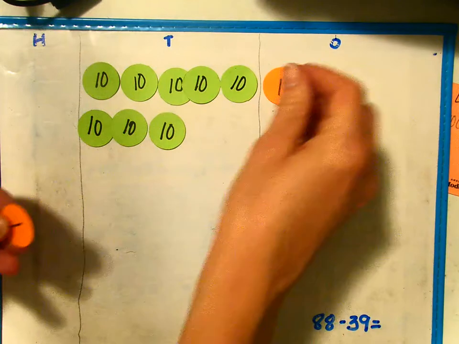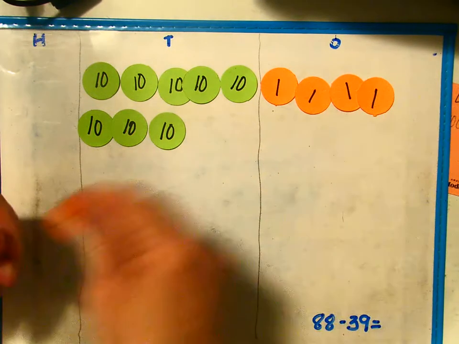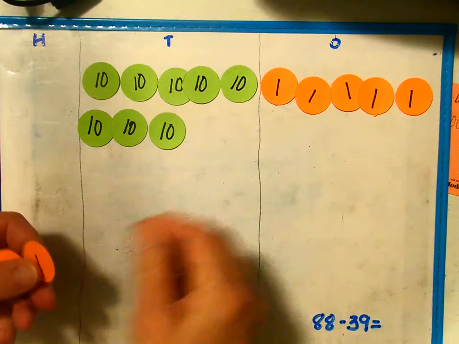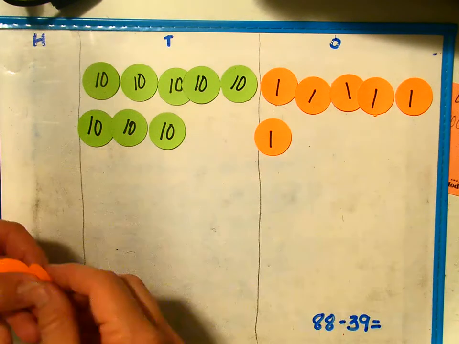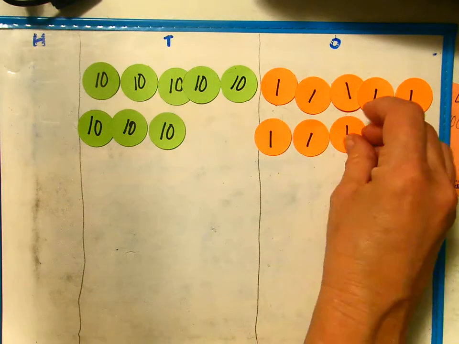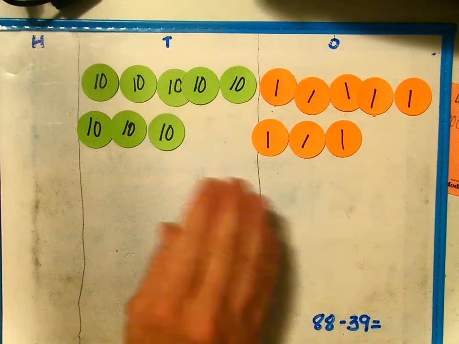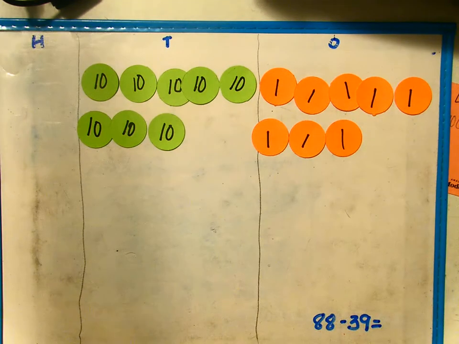So 81, 82, 83, 84, 85, 86, 87, 88. So we have 8 tens and 8 ones, which is 88.